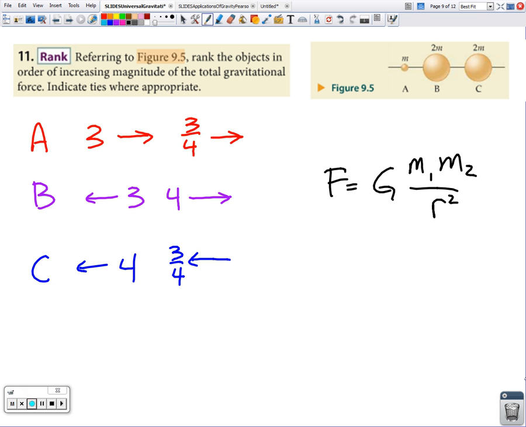So let's forget about G right now. Then, to make my life easier, I said that M is going to be equal to 1 kilogram. And also, I said that distance R is also going to be 1. Everyone got the ground rules so far?